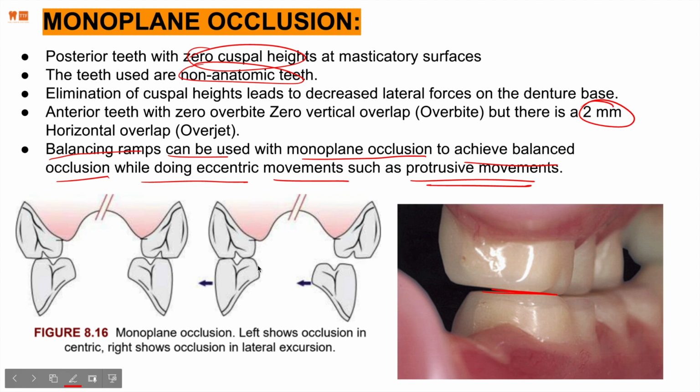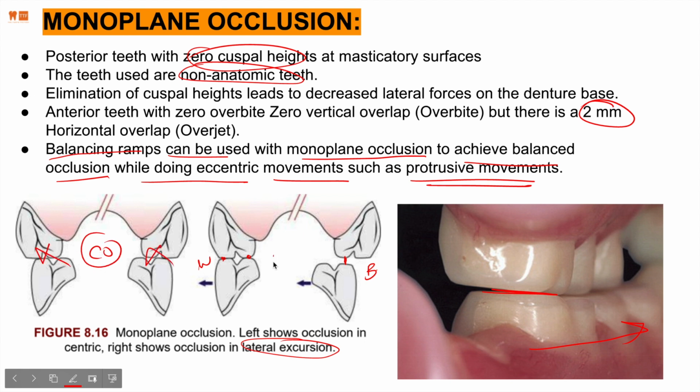See, if we were to move these teeth forward, right, at that time, something like this would happen. Something like in the lateral excursion, how there is a difference in the contact here. These teeth are not touching. When the teeth are moving, yes, there's a contact here, there's a contact here, but no contact on the balancing side, only on the working side. In centric relation, yes, monoplane contacts here and here.